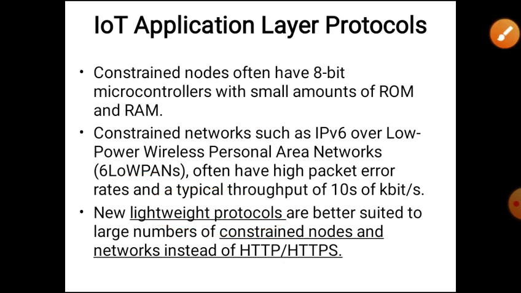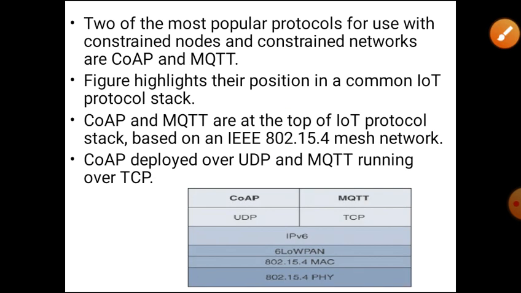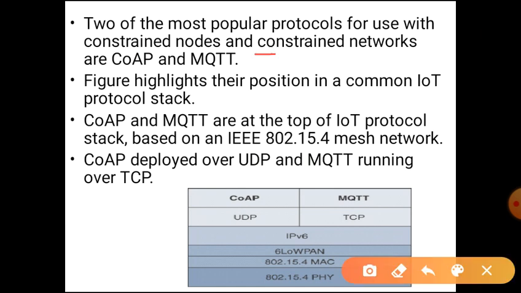So what are those lightweight application layer protocols for IoT applications over constrained networks and constrained nodes? The two most popular protocols are CoAP and MQTT. This diagram shows the position of these two protocols in the IoT protocol stack.